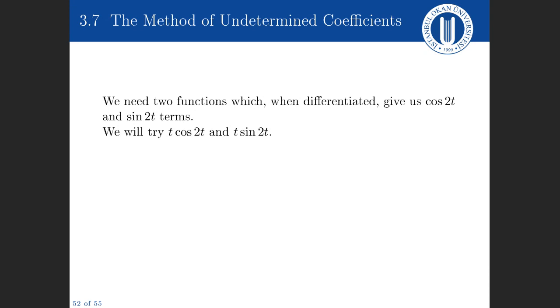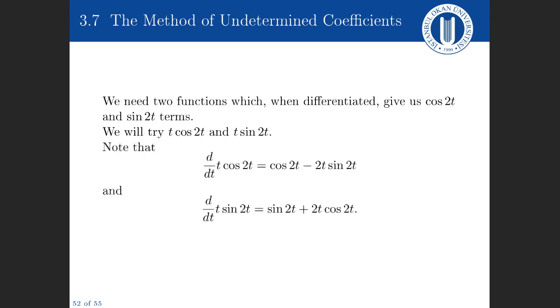Anytime we have a problem like this, we multiply by t and try again. Now, note that if we differentiate t cos 2t, we get a cos 2t term and an extra term. If we differentiate t sin 2t, we get a sin 2t term and an extra term. And we're going to hope that these extra terms cancel out, and we're left with cos 2t terms and sin 2t terms.